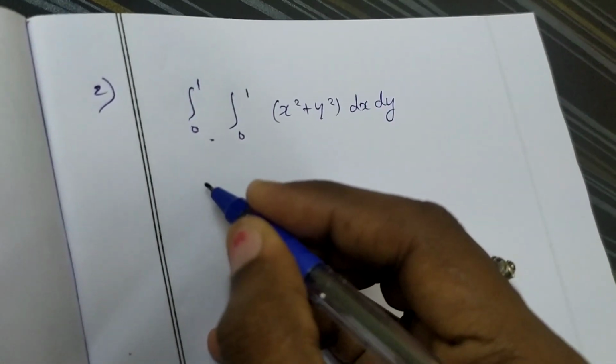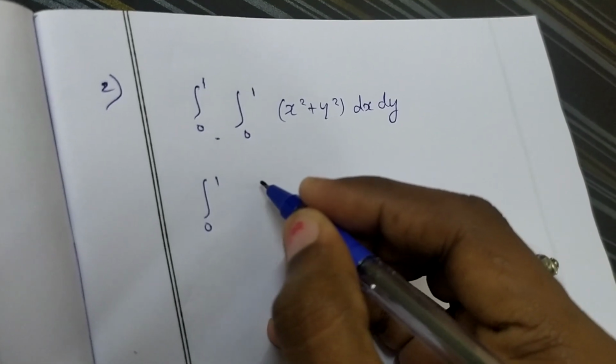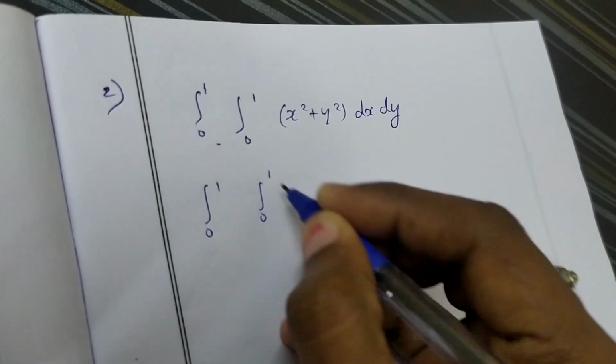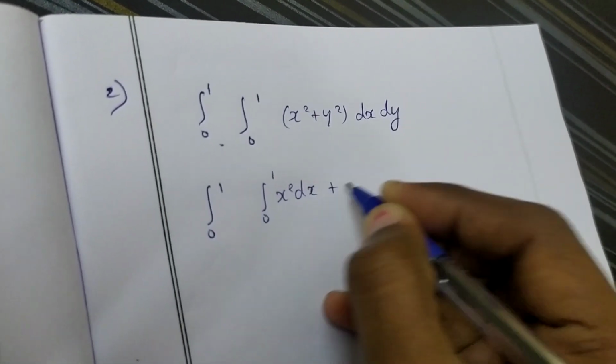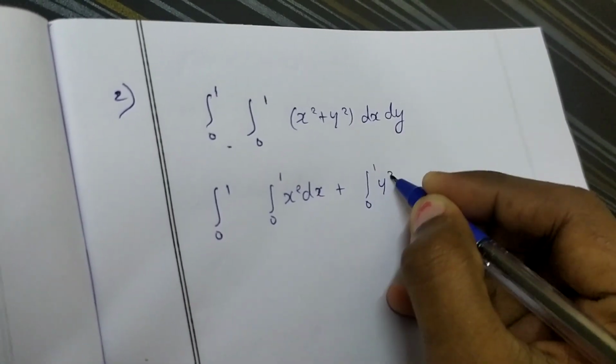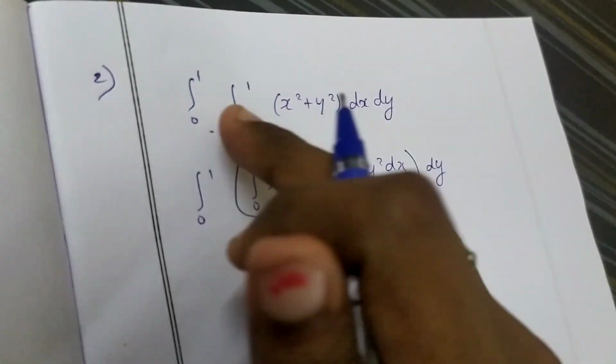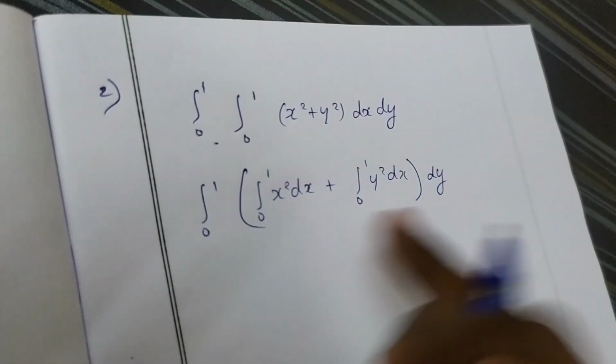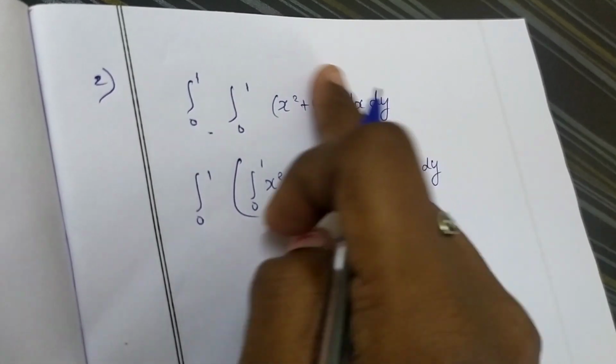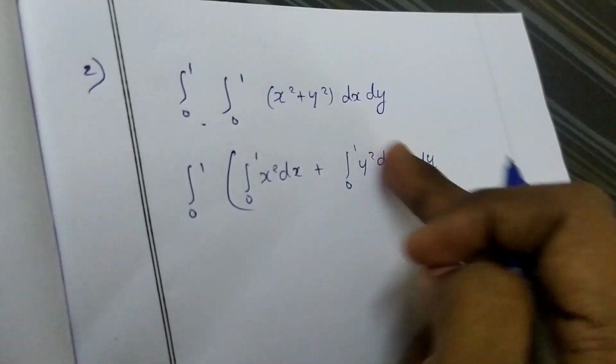So what you have to do is integral over 0 to 1, and here integral over 0 to 1 x square dx plus integral over 0 to 1 y square dx will come, into dy. Understood? So you have to keep this dy at last, and bring this here, bring this here.